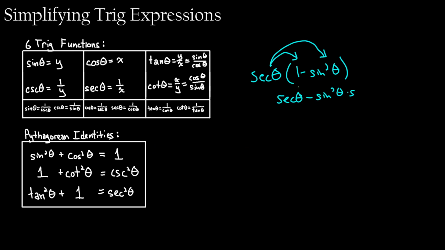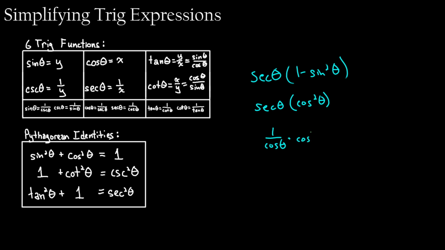Okay, so let me get rid of all that. There we go. Okay, so let's go ahead and do that. So I've got secant of theta times cosine squared theta. All right, so let's go ahead and rewrite secant of theta now in terms of sine and cosine. So that is 1 over the cosine of theta, and now we're getting somewhere, times cosine squared theta.